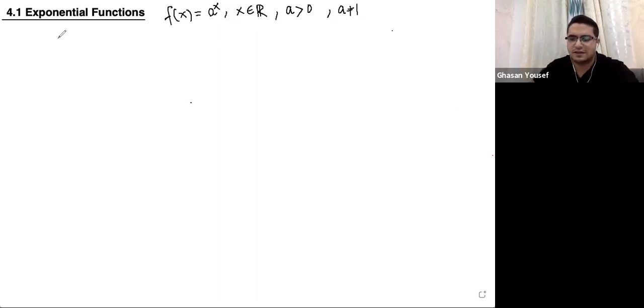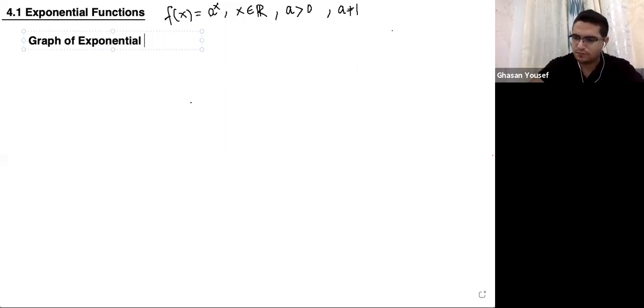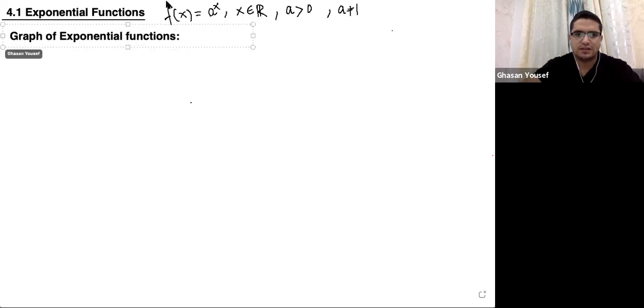Also, we ended the last class by giving this graph, the graph of exponential functions. So I give you the general idea how you can graph any exponential function like this.